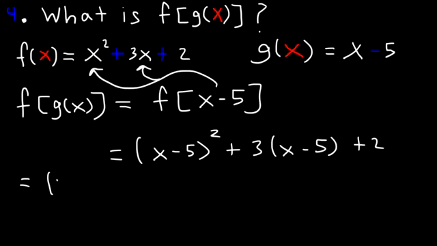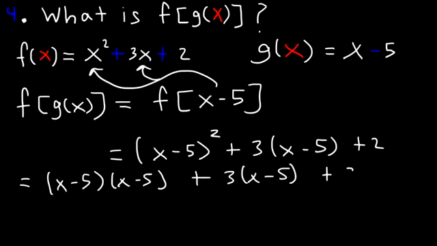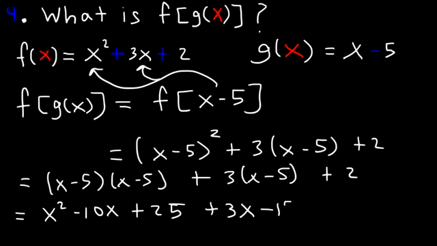X minus 5 squared, that's x minus 5 times x minus 5. If we FOIL it, it's going to be x squared minus 10x plus 25. If we distribute 3 to x minus 5, it's going to be 3x minus 15, and then plus 2.